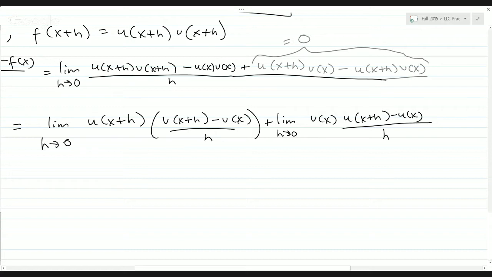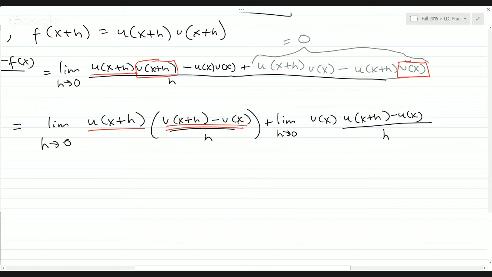They redistributed the stuff around. So we have a u of x plus h that is being multiplied to a v of x plus h and a minus v of x. Okay? So we can take the u of x plus h out and just have these two terms.